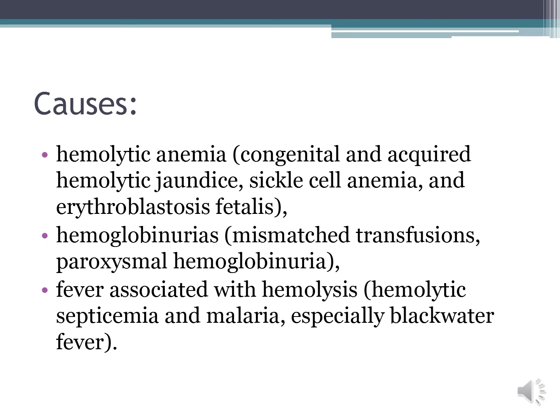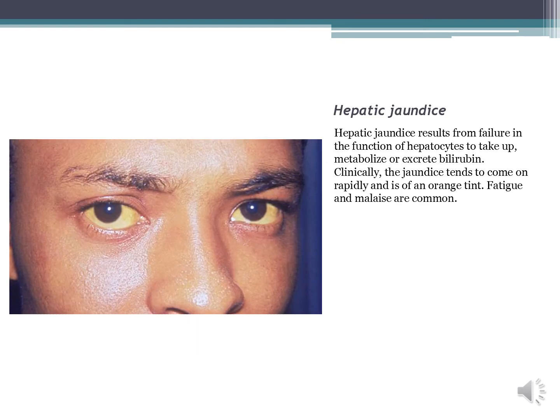The other group of causes: hemoglobinurias, mismatched transfusions, paroxysmal hemoglobinuria, some diseases with fever, severe infection, for example, fever associated with hemolysis in case of hemolytic septicemia, malaria, especially in blackwater fever. They all may cause the hemolysis, breakdown of erythrocytes, and prehepatic jaundice.